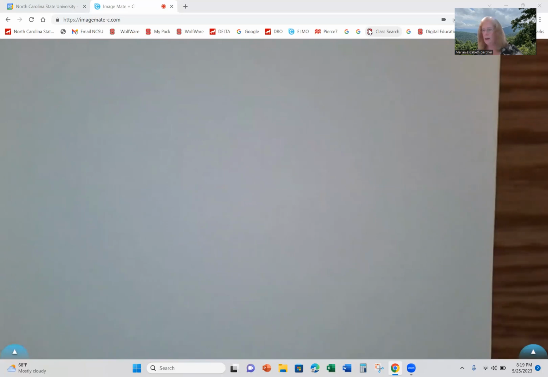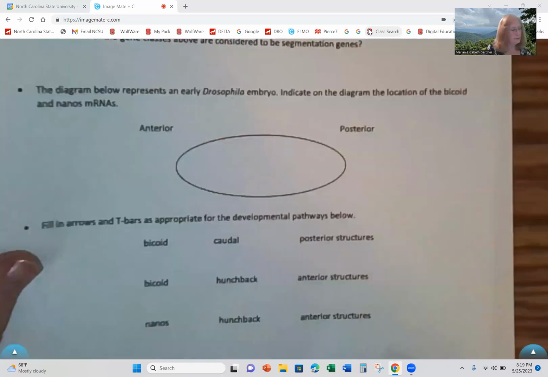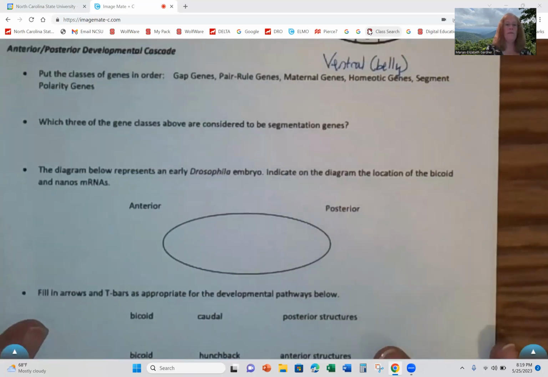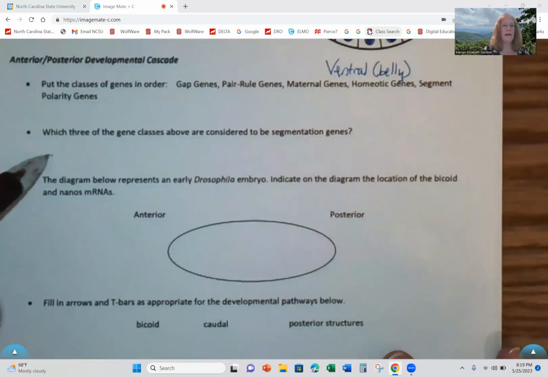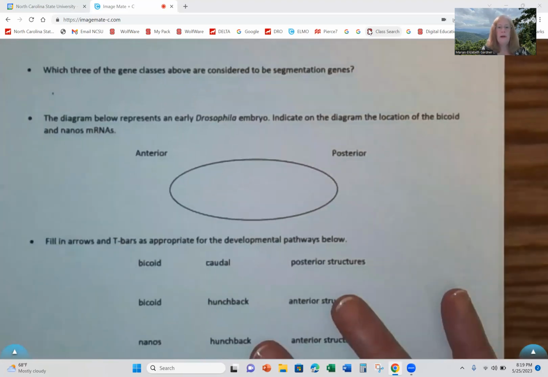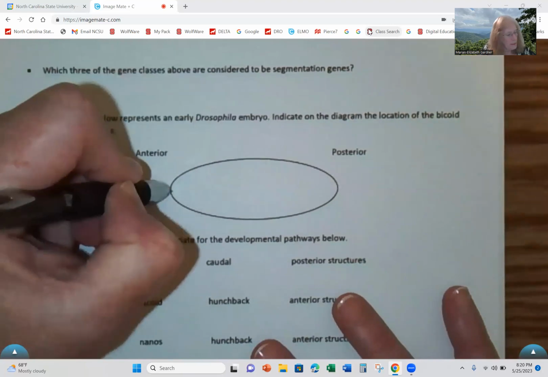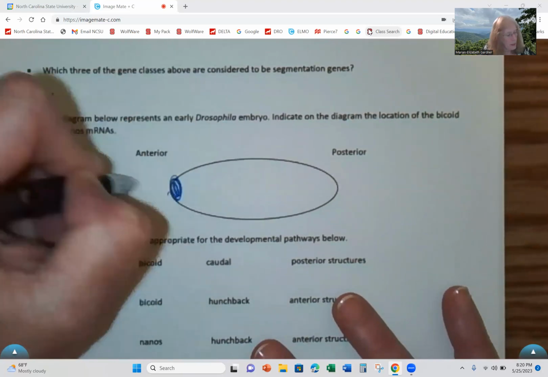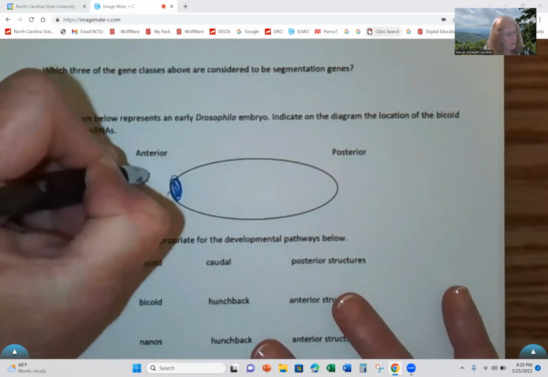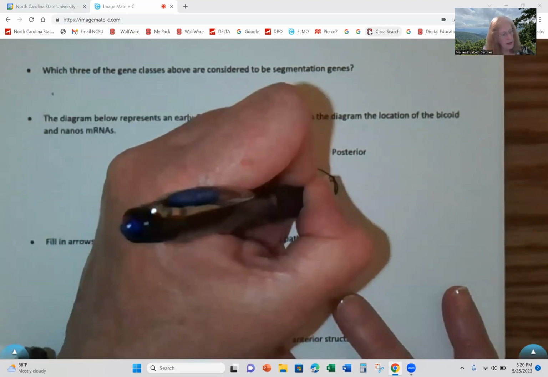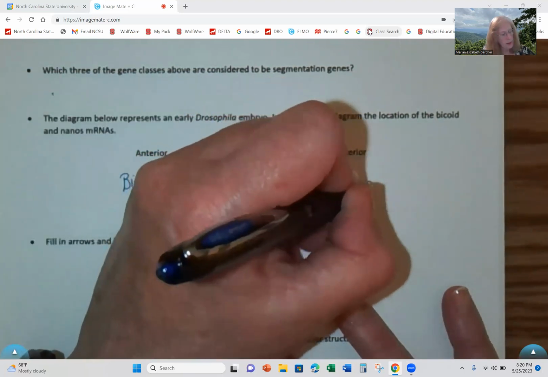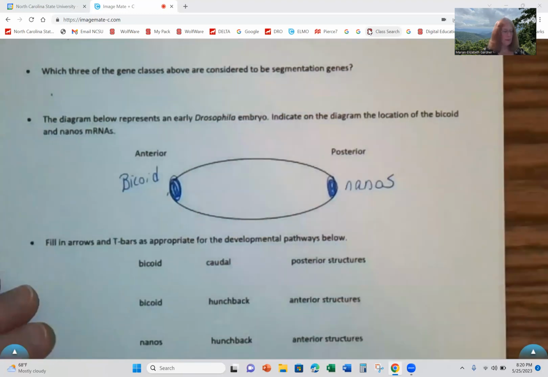So our little question, we've already put genes in order. I already talked about that. So here is where bicoid would be. And on the posterior side is where nanos would be found.